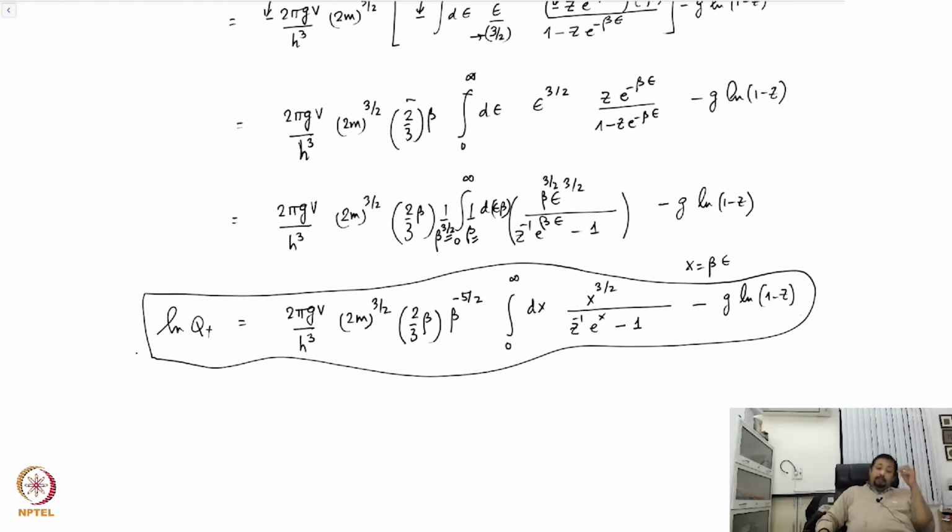This is my grand canonical partition function for a bosonic ideal Bose gas.